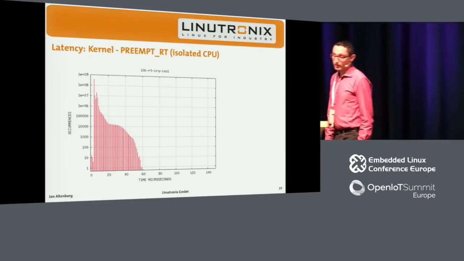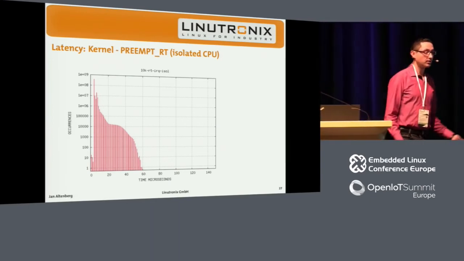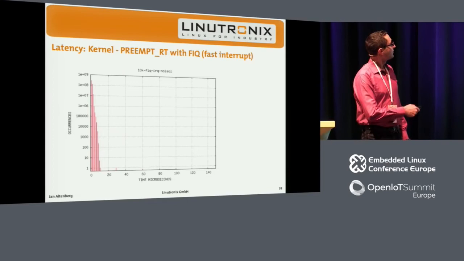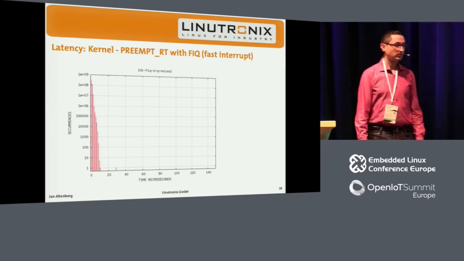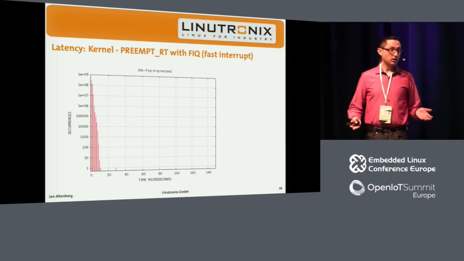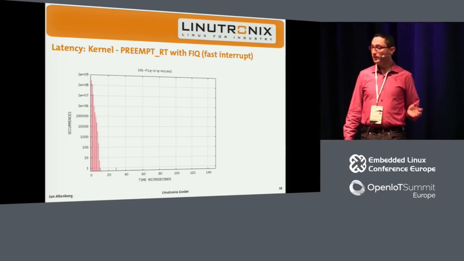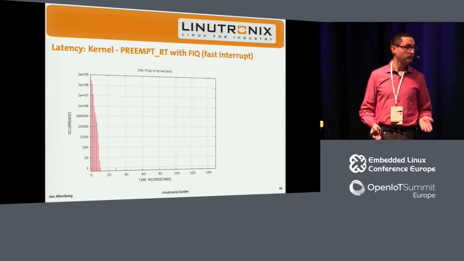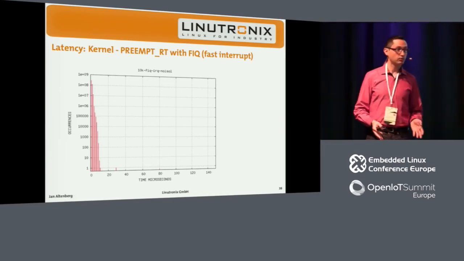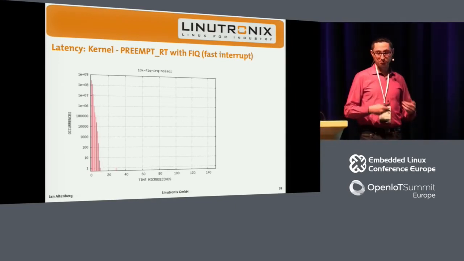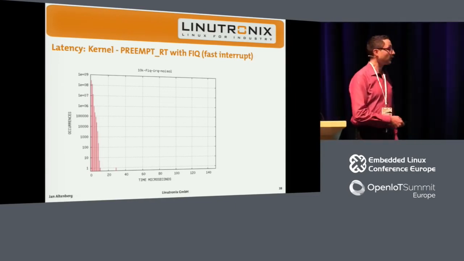I was just curious how that would improve the timing behavior, by trying to use the FIQ feature of the ARM CPUs, which is a hardware feature. It's a special interrupt vector on ARM, which is running in its own context. It's living in its own world, so it's very limited what you can do. But when I'm willing to accept limitations, this might be an option.